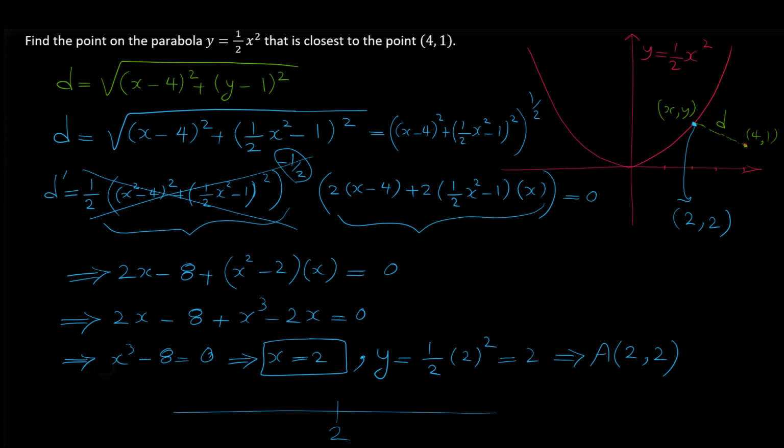If we use a test point like 1 or 0 in the derivative, easily you can see that the derivative is negative for values less than 2, and the derivative is positive for values greater than 2. And this proves that this point is the minimum point.